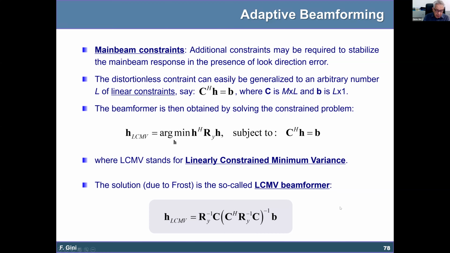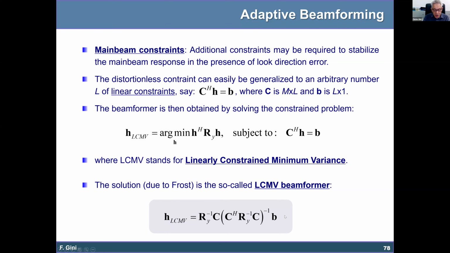This beamformer is called the linearly constrained minimum variance beamformer, LCMV. Now, if you solve the problem by using the Lagrange multipliers, so I skipped the derivation, but it's identical to the derivation of Capon, you find the solution.